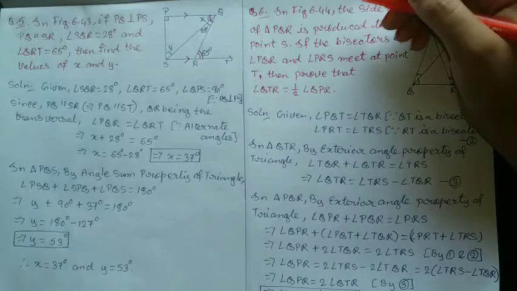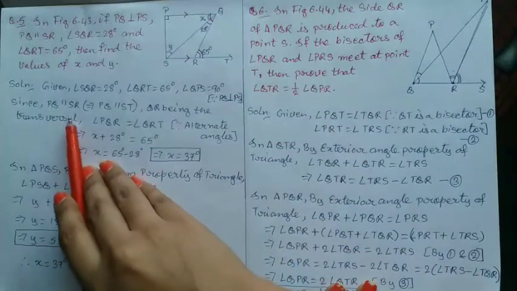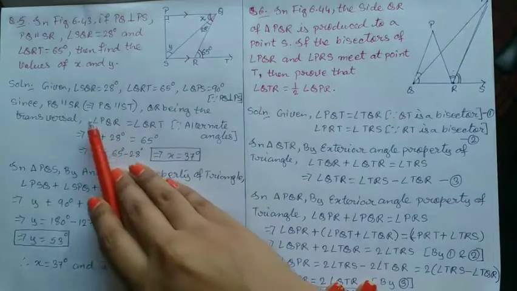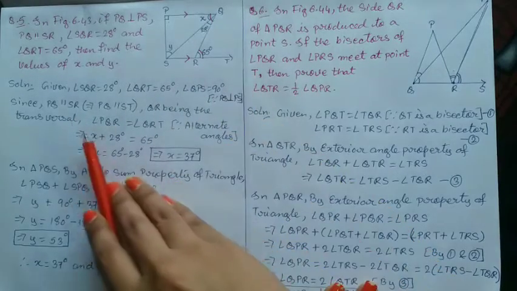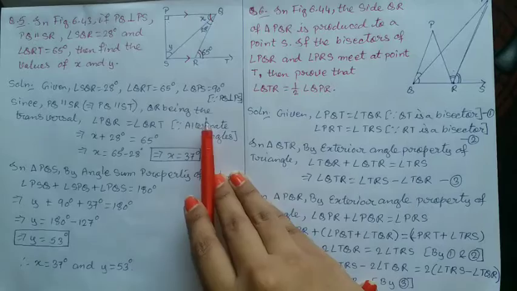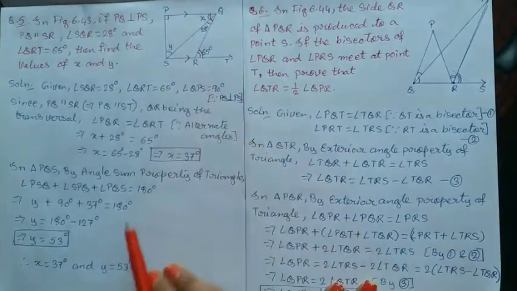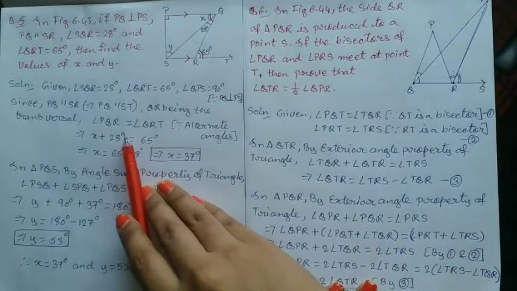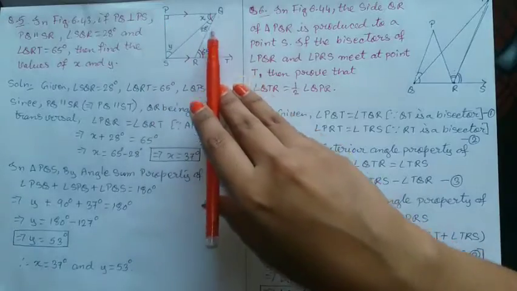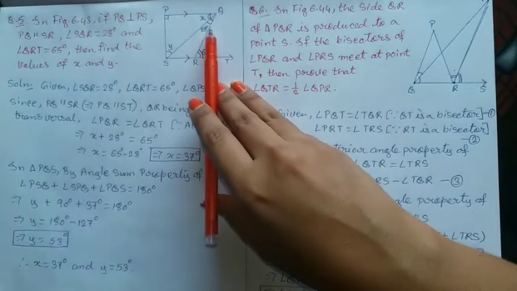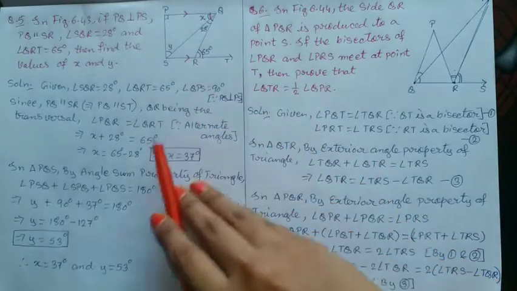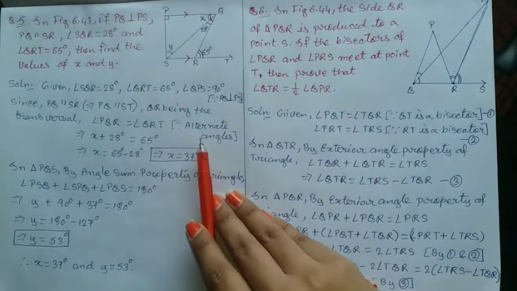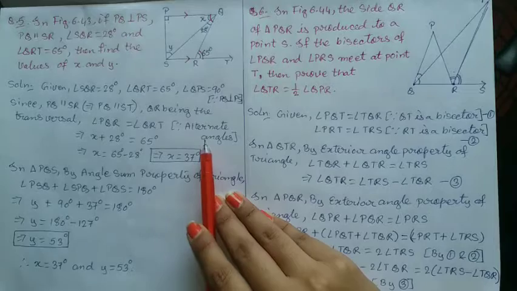Since PQ is parallel to ST or SR, so SR is equal to ST only, right? So QR being the transversal, angle PQR is equal to angle QRT. They are equal. The reason is they are alternate angles, right?